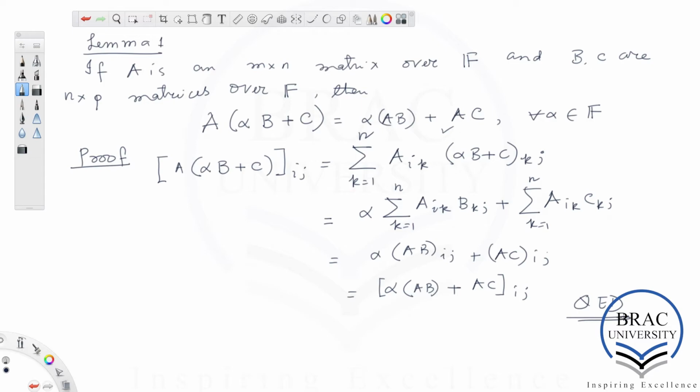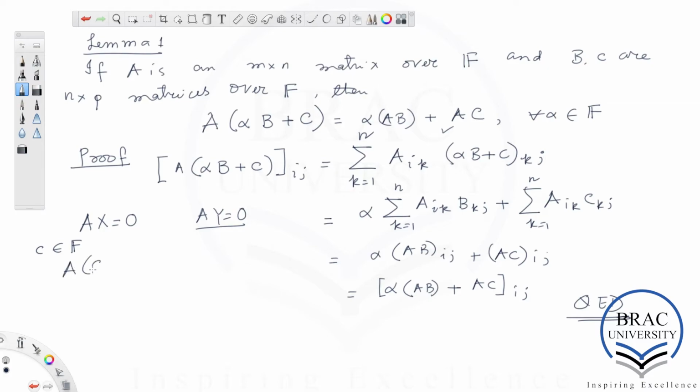So going back to our example 6, we saw that Ax is equal to 0 holds and Ay is equal to 0 holds, and c is a scalar.